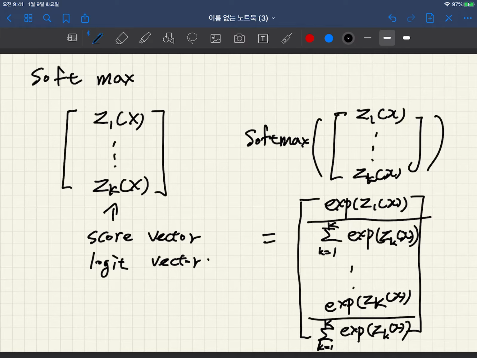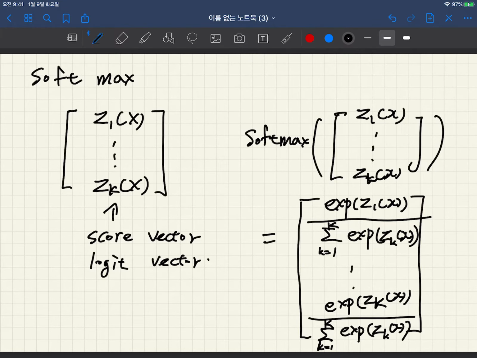Okay. Why is this softmax function very useful? Look, it is very easy to check the sum of entries is equal to 1. And also all the entries are positive because the exponential function is a positive function, right?